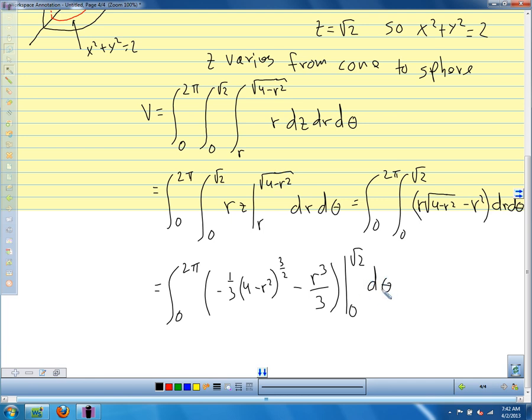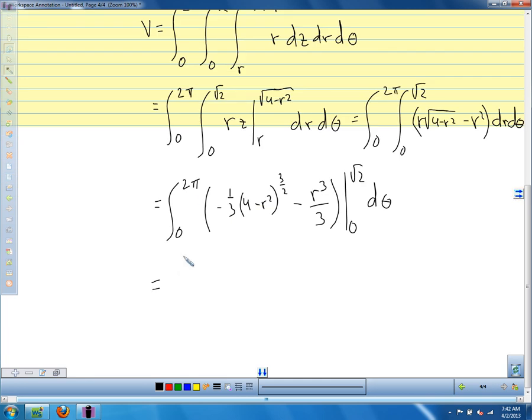When we evaluate this, the integral from 0 to 2 pi d theta just gives us a multiple of 2 pi. So we end up getting 8 pi over 3 times 2 minus square root of 2. Not a difficult evaluation. Questions on that one?